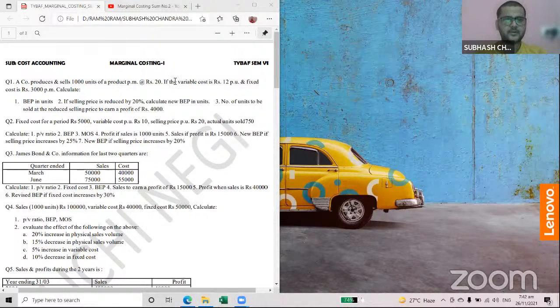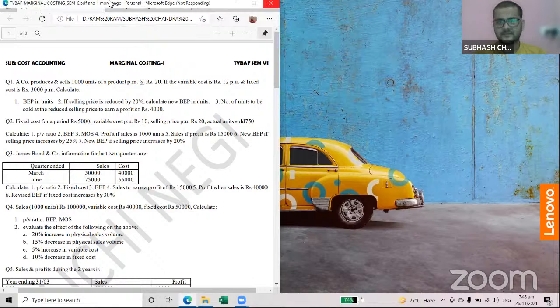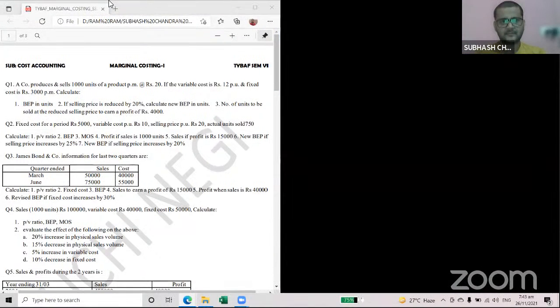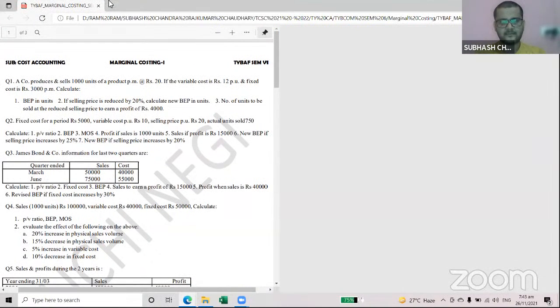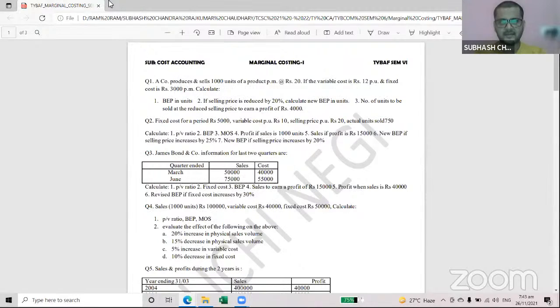See, in question number 2, fixed cost for a period is given. Variable cost per unit is given. Selling price is given. I hope this much is visible to all.